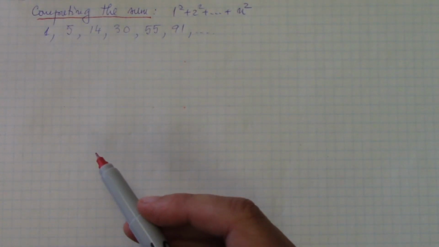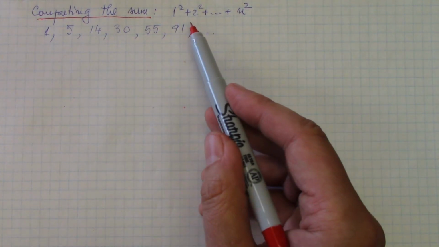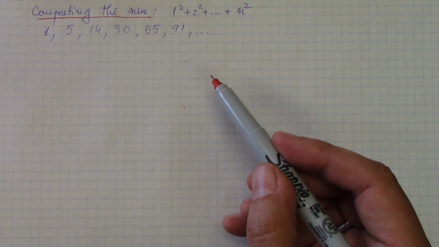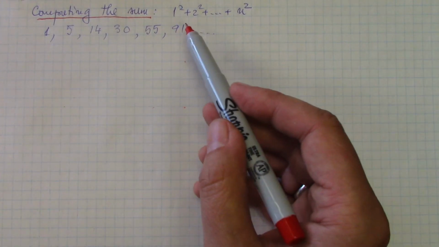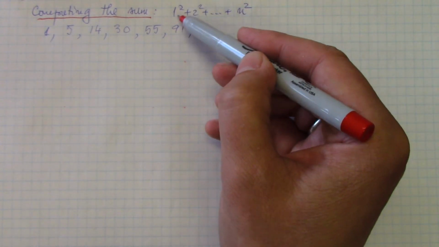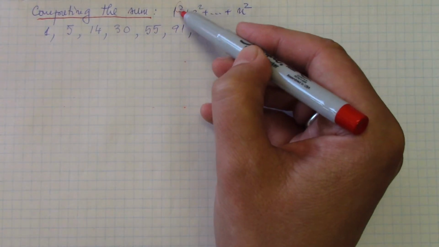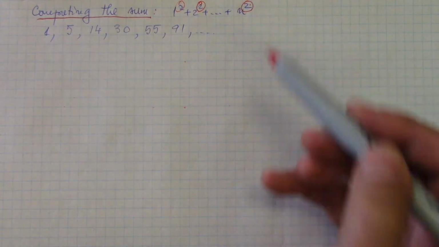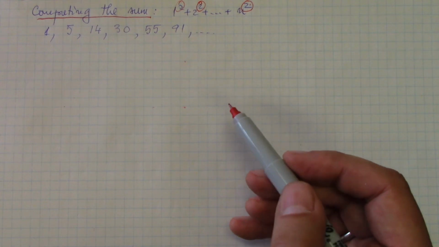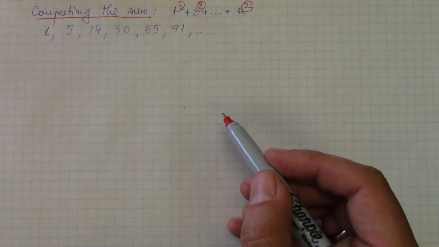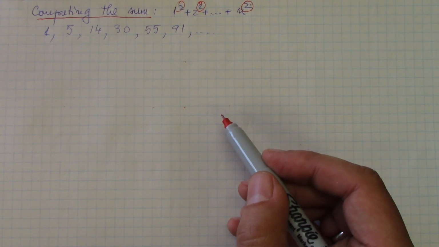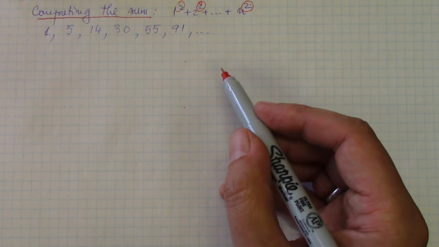Well, I was thinking, can I relate this sum somehow with something else? Did I ever see anything similar to this? The idea came to me actually not from 1, 2, 3 up to n, but from these squares here. Where did I see something like n to the power of 2? Well, n to the power of 2 in geometry shows up as the area of a square of side n.